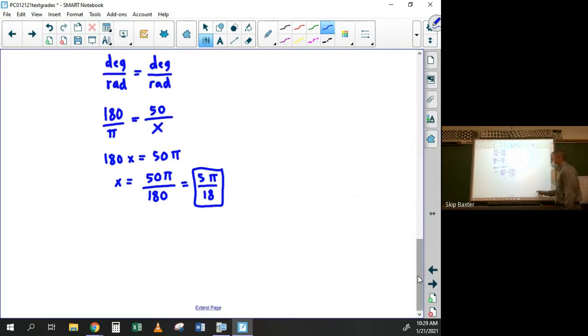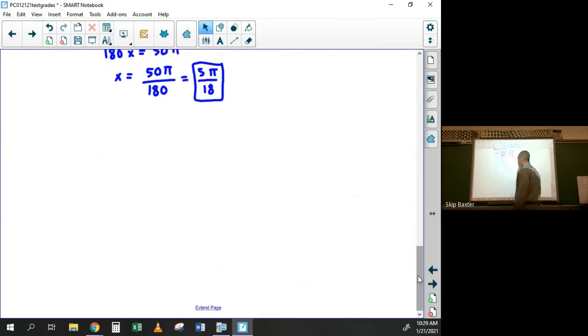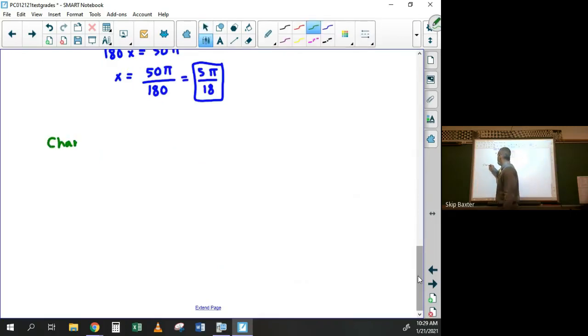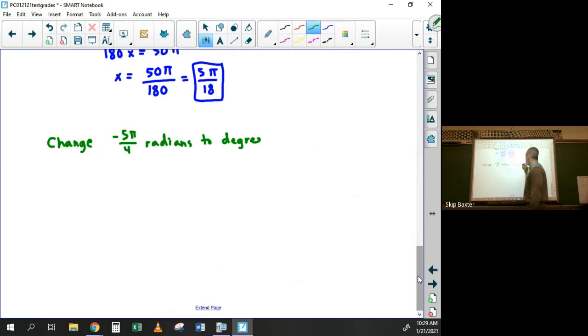Or I could do it the other way. Suppose they asked us to change negative 5 pi over 4 radians to degrees. Same process. I have 180 over pi equals degrees over radians, x over negative 5 pi over 4.